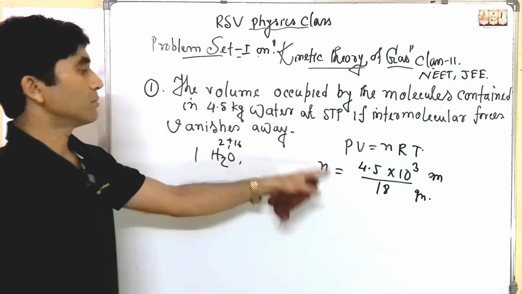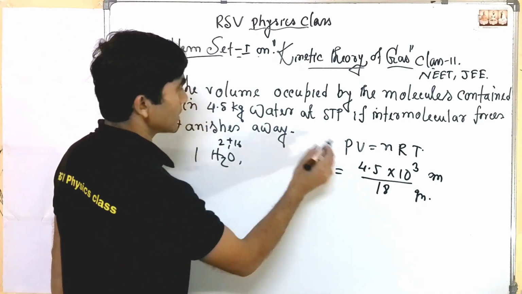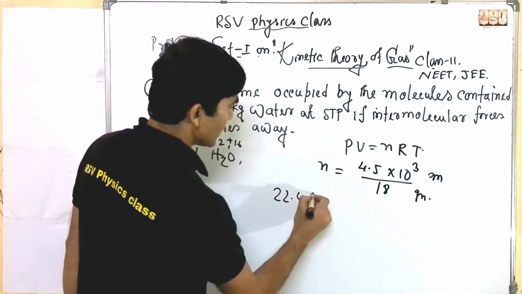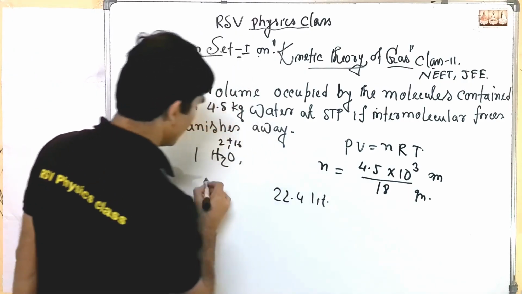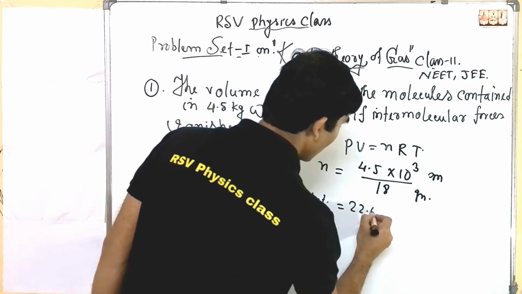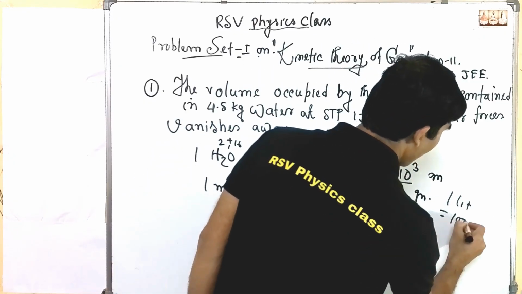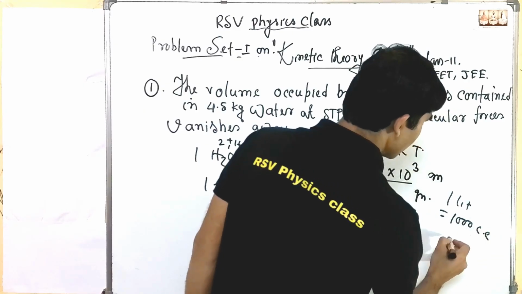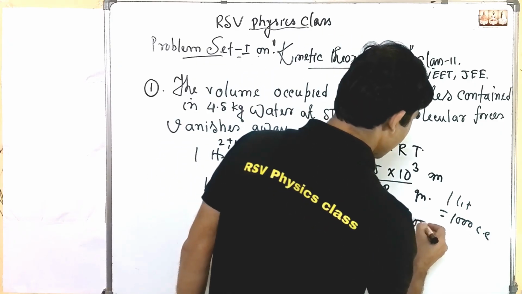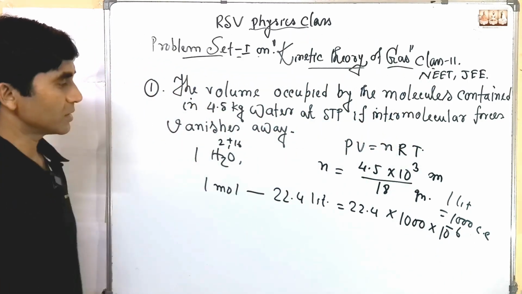At STP, 1 mole of gas contains 22.4 liters. 1 liter equals 1000 cc, and 1 cc equals 10^-6 meter cube, so we express it in meter cube.